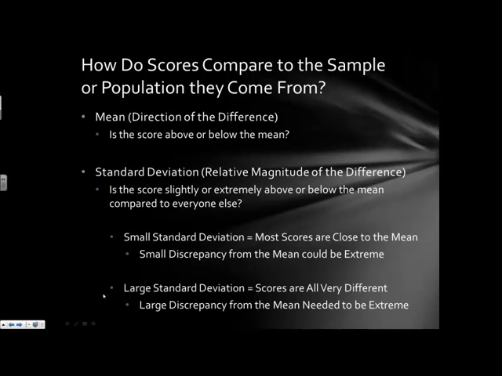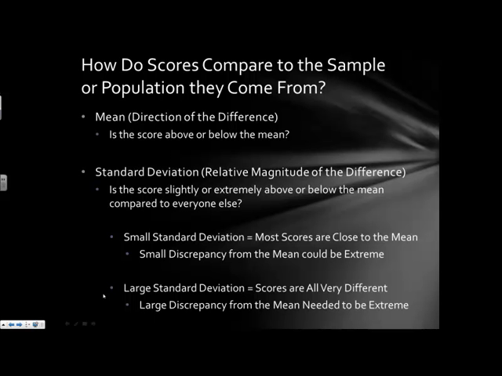So when you want to understand how individuals are related to their population, for instance, to find out how well you performed on a quiz relative to the rest of the class, then you need two pieces of information. You need the mean, which tells you the direction of the difference. So is your score below or above the mean? And if the mean is low, then it's probably easier to feel really good about your quiz score, whatever it is. The standard deviation, so that tells you about the distance.